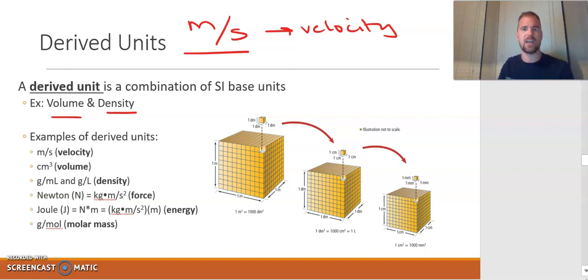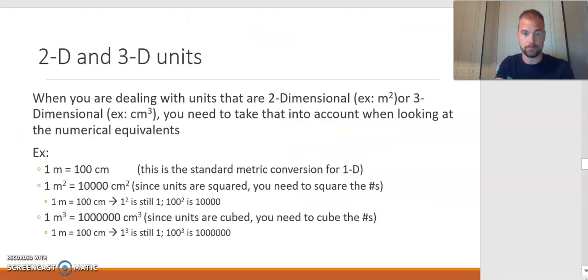It's taking the SI unit of length and simply multiplying it in a factor of 3. Other examples, density. Density, which we'll see in just a moment, is a derived unit where we combine mass and volume. There are some other derived units listed here as well, but the idea is that a derived unit is simply SI units that are combined together.